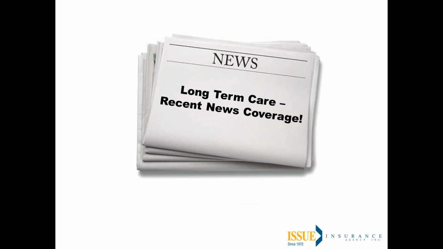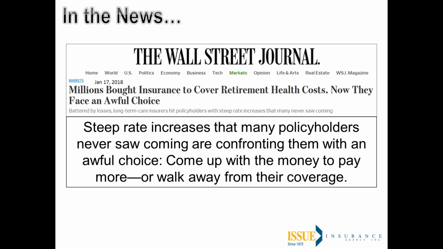There have been a lot of events in the news, and I want to bring you up to speed on what I've seen this year. It may have started with the January 17th Wall Street Journal article reporting on policy owner concerns about steep rate increases. The article, although it wasn't entirely accurate, didn't explain that when a carrier has a rate increase, they're in almost every case offered a reduced paid-up non-forfeiture option, whether required by the contingent non-forfeiture guidelines or not.